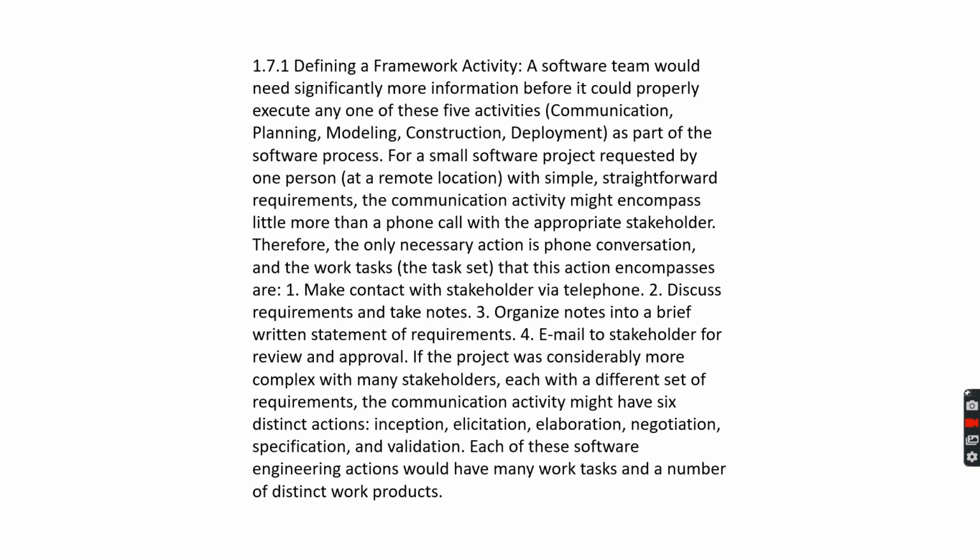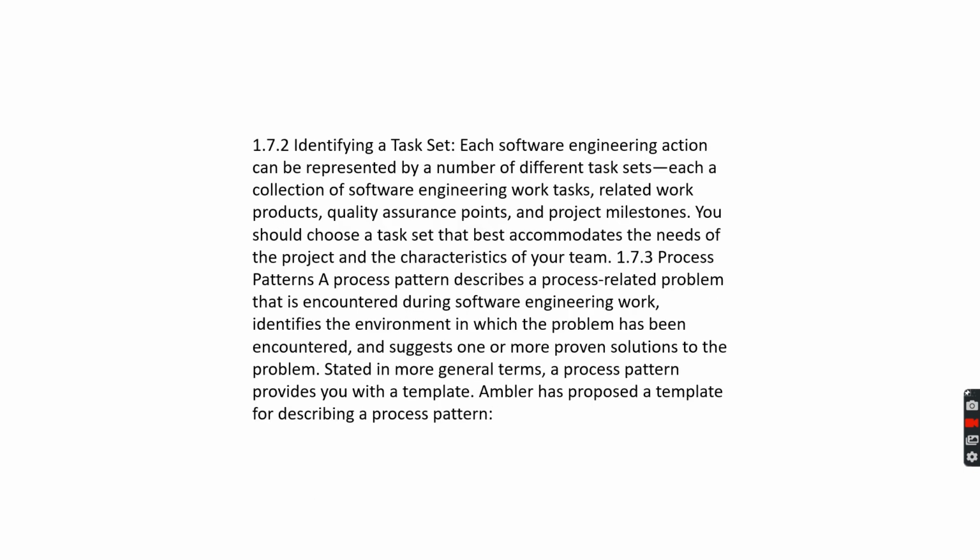Each software engineering action would have many tasks and a number of distinct work products. On identifying a task set: each software engineering action can be represented by a number of different task sets, each being a collection of software engineering work tasks, related work products, quality assurance points, and project milestones.